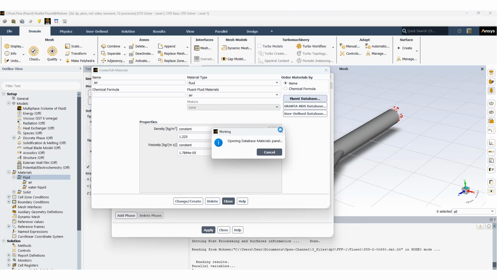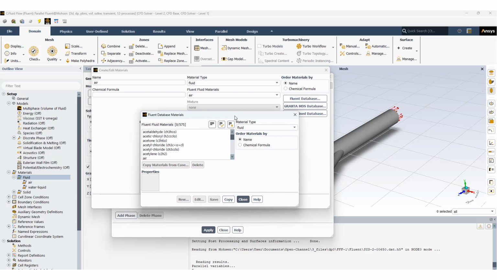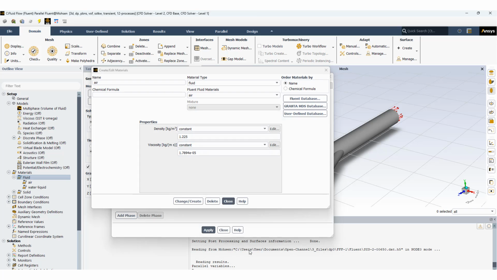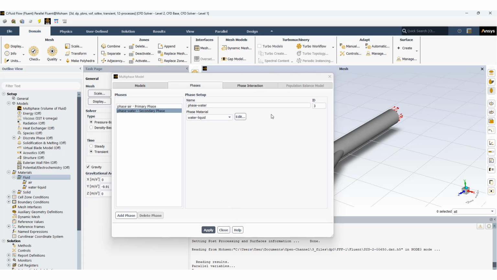For the new material, I can use the Fluent database that we have for the fluid. Water is almost at the end. This is water liquid. I can also change these properties, specifically the density. Okay, I already did that. The water liquid is added to the list for the materials.